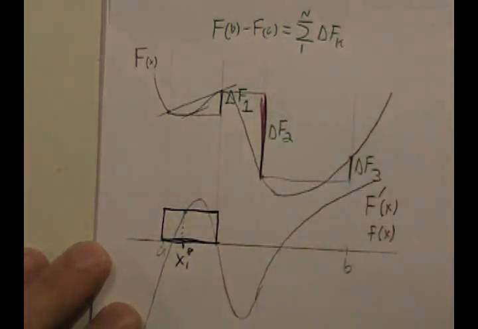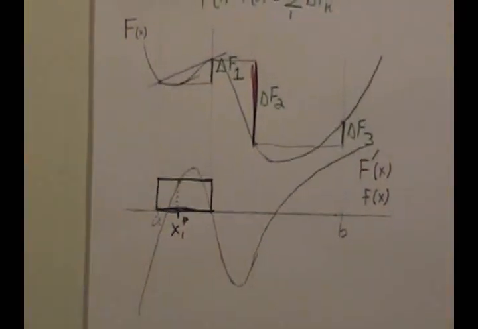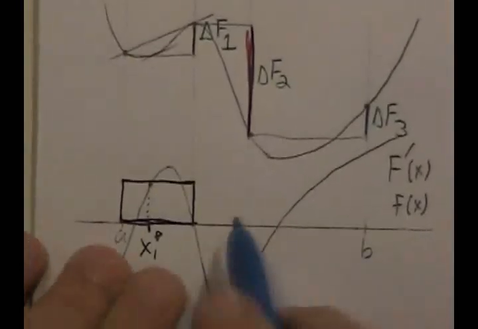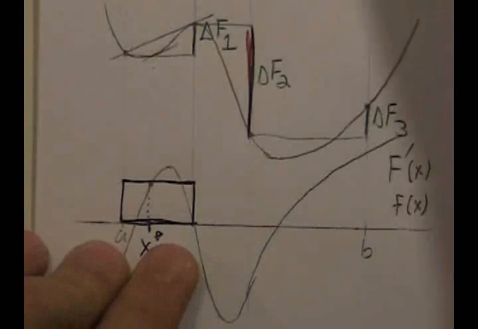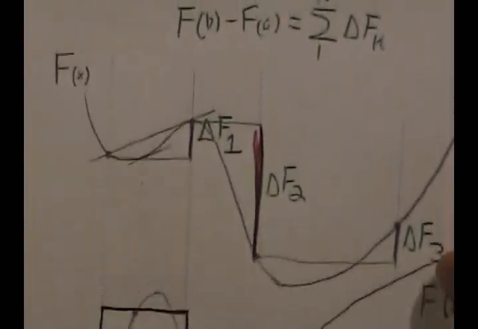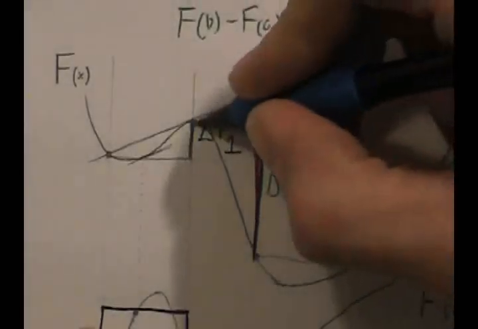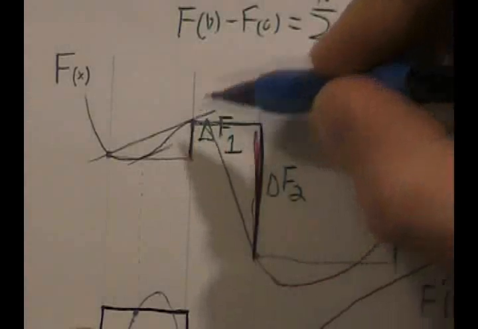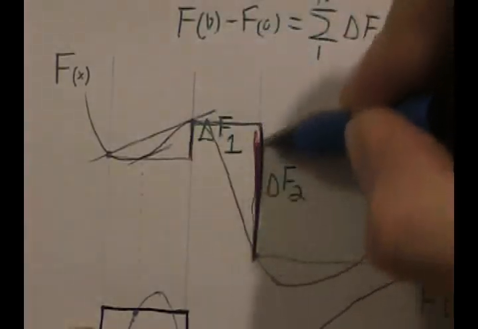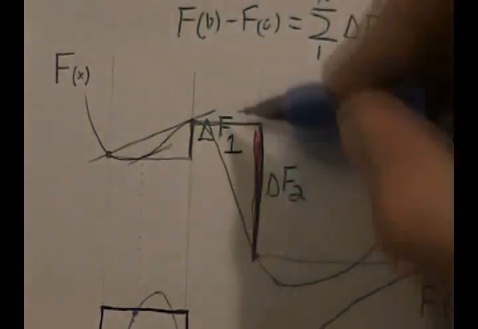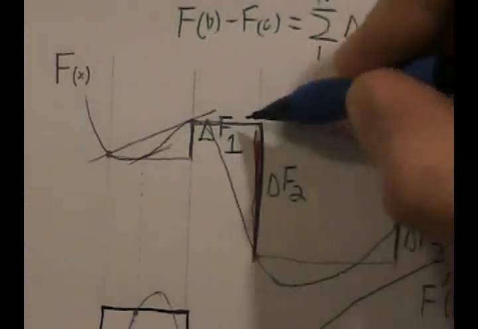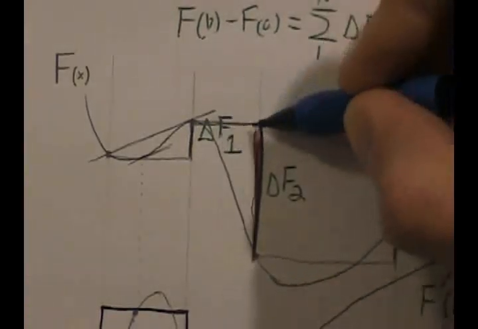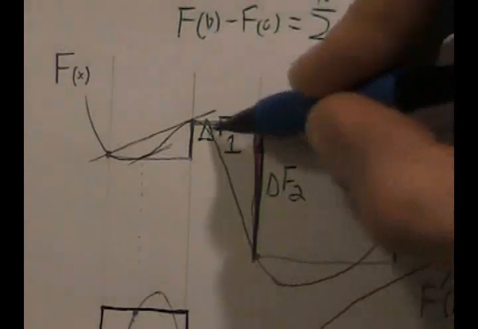Then we're going to do the same thing with the other two. Let me zoom in close here for this second subinterval. We're looking at this triangle here, it goes from here and down. To write this negative change, it's going to be this delta x, this length in x, multiplied by big F prime of some number inside here.